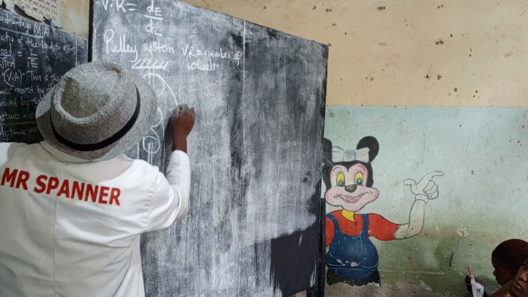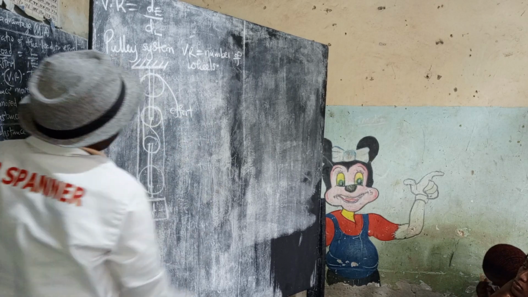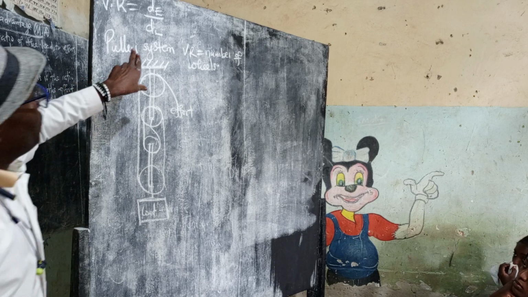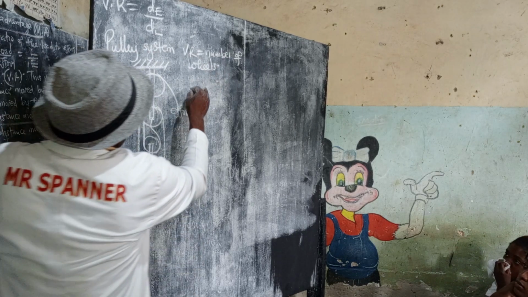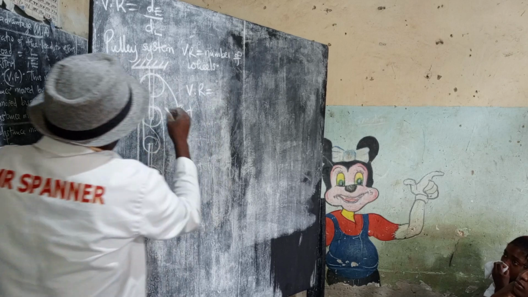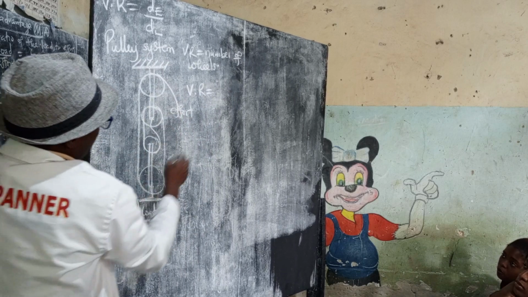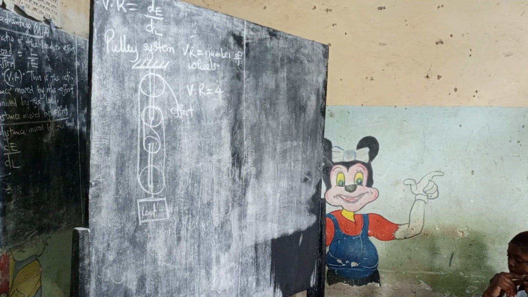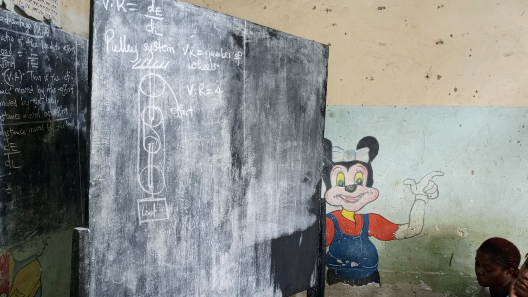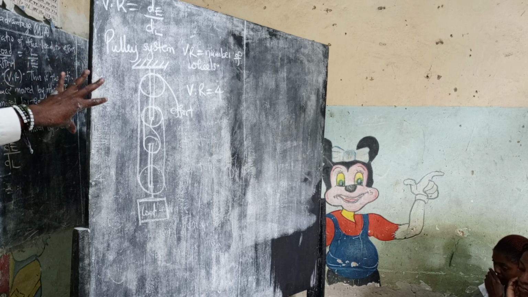What is the velocity ratio of this pulley system? So what did I say? For a pulley system, velocity ratio is equal to the number of wheels. So the velocity ratio in this case is 1, 2, 3, 4. So velocity ratio is equal to 4. That is under the pulley system. So VR is equal to number of wheels.